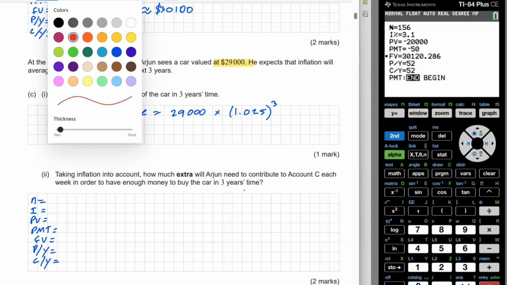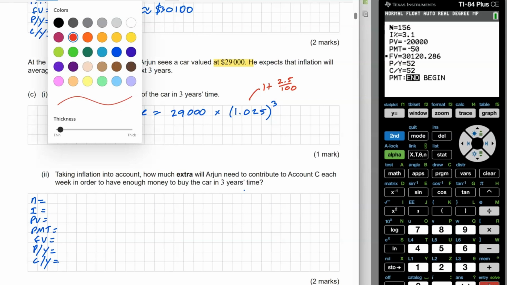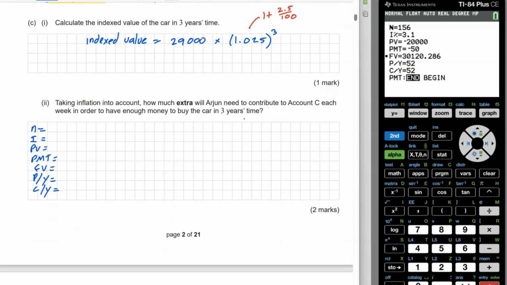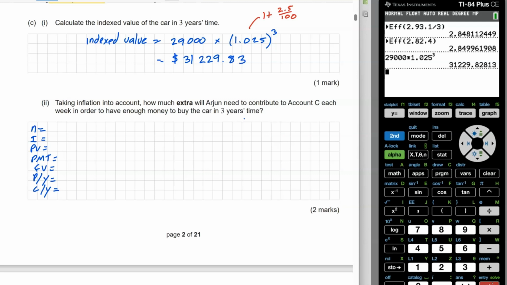Now, if you're not sure where the 1.025 comes from, that's 1 plus the 2.5%, and that will give us the growth rate that will affect our inflation. We do need to put that in the calculator though. So 29,000 times 1.025 to the power of 3 tells us that the car is going to be valued at around $31,229.83.